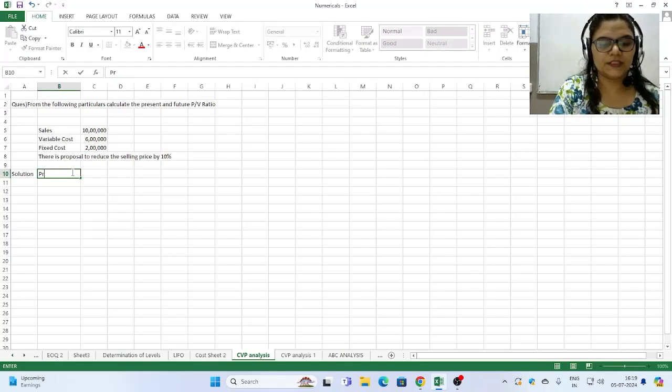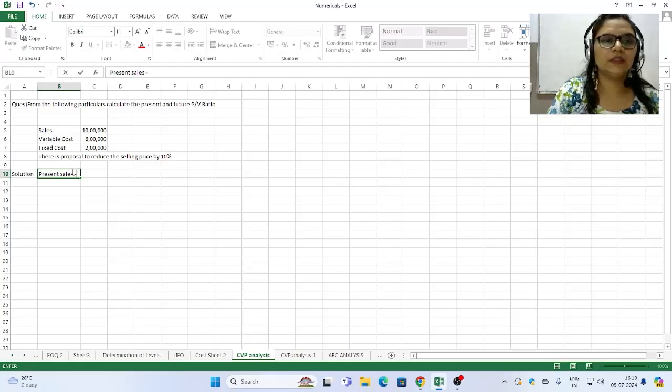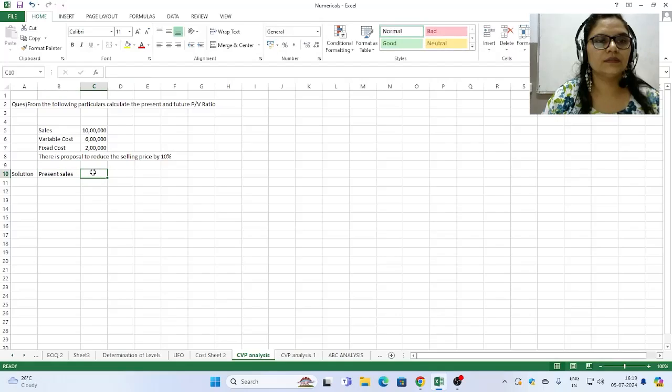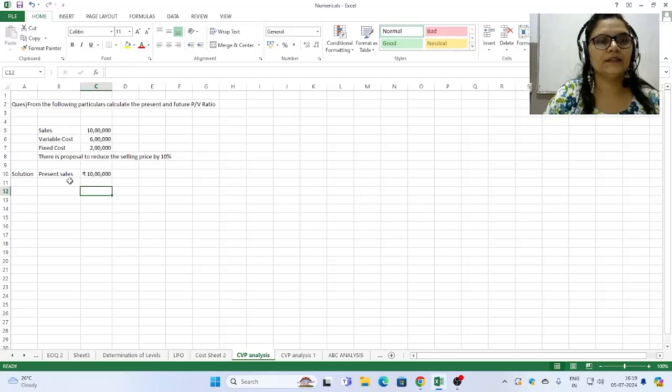We know what is present sales. Present sales is 10 lakh. They all are in rupees. Rupees 10 lakh.